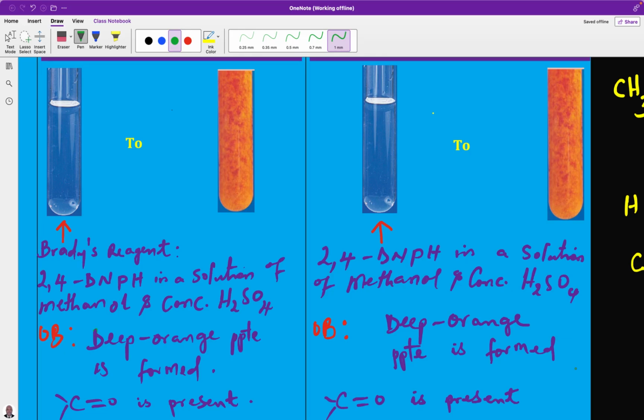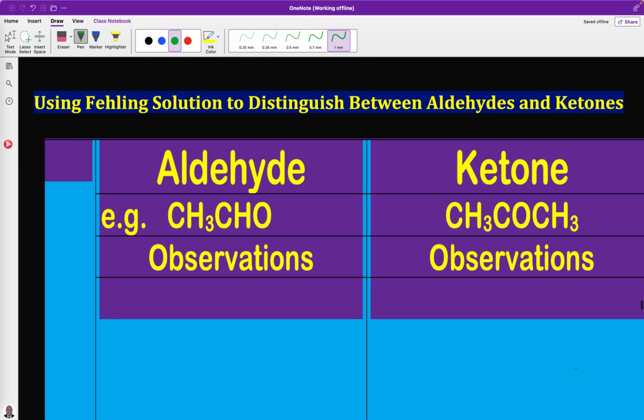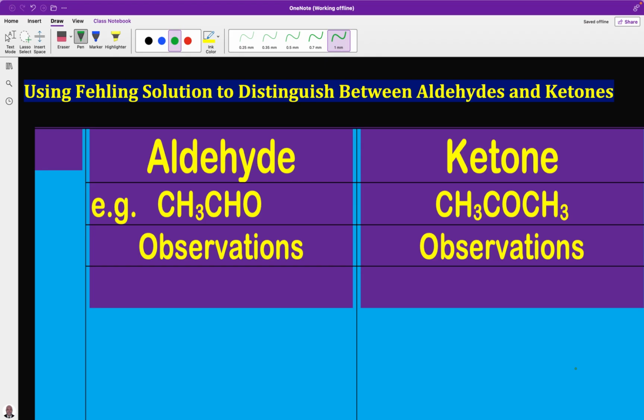So now we will go into the second test, which will be a Fehling solution. Using a Fehling solution to distinguish between aldehyde and ketones. We have the aldehyde, ethanol, and the other one is acetone or propanone.